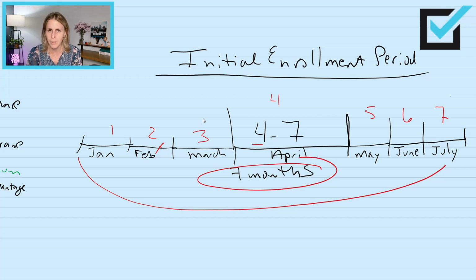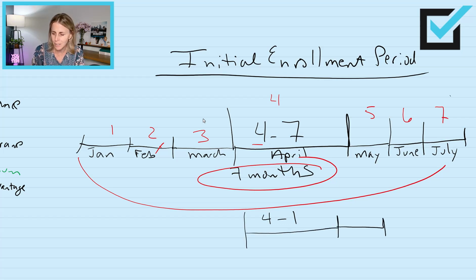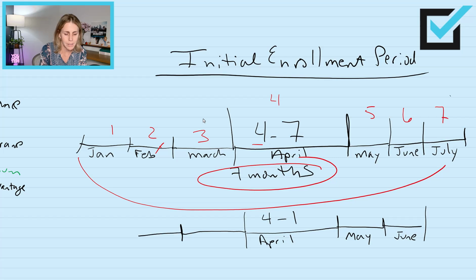Now, most people's birthdays are going to fall sometime during the month. But when somebody's birthday falls on the first of the month, so now instead of April 7th being your birthday, April 1st is your birthday, then this 7-month period of time is going to be slightly different. So we're going to have the month of April, still your birthday, and we have 2 months after where you're eligible to enroll, and then we go back in time. This time we go all the way back to December.